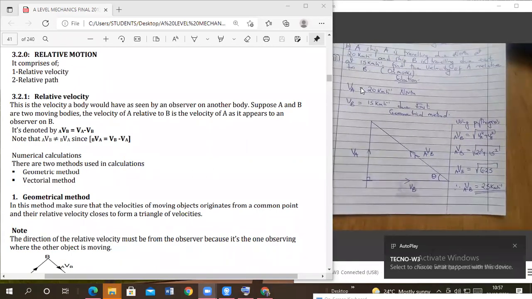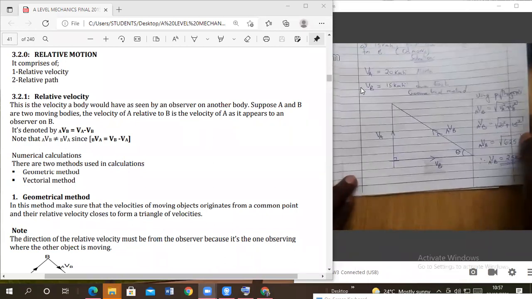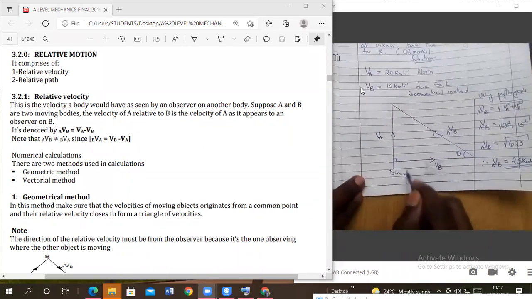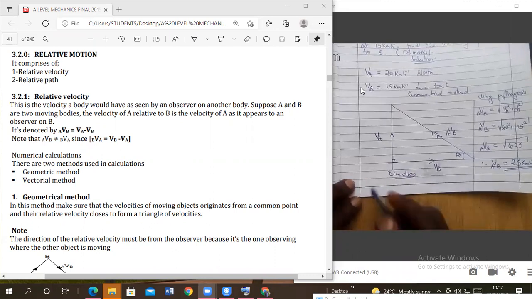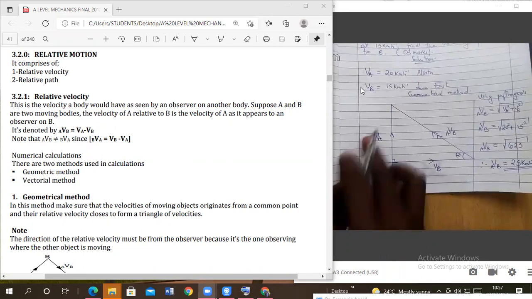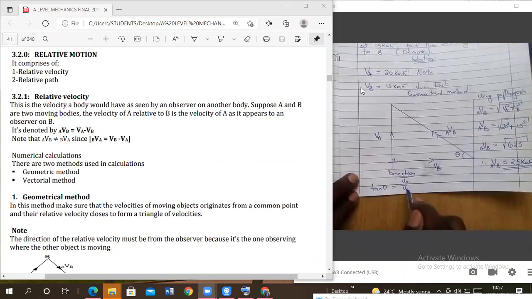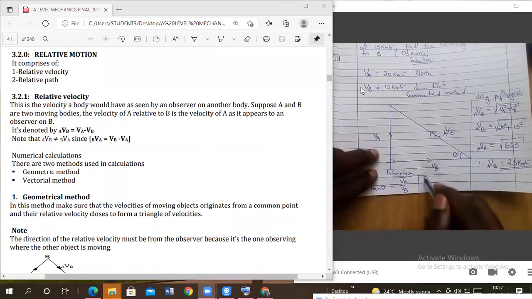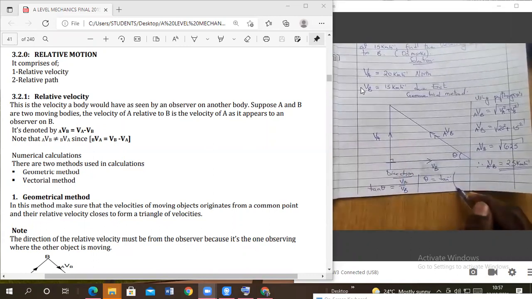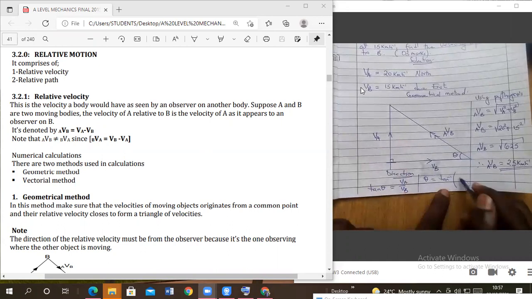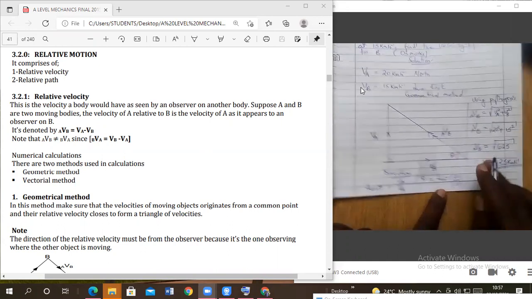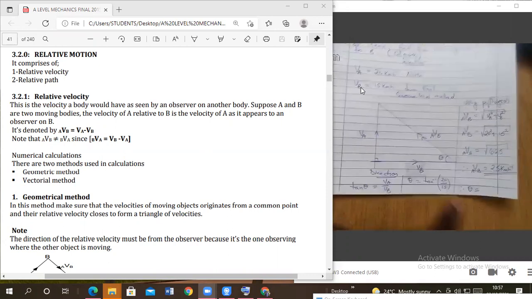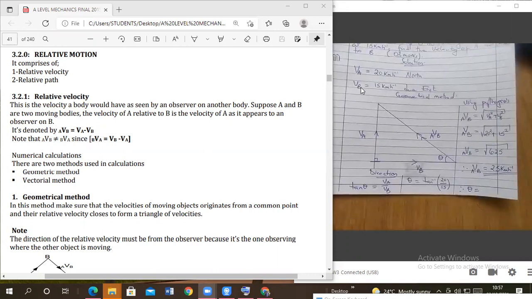What about the direction? Don't forget to find the direction. It will be just tan theta, which is equal to opposite over adjacent, so VA over VB. So theta is equal to the arctan of VA, which is 20 divided by 15.